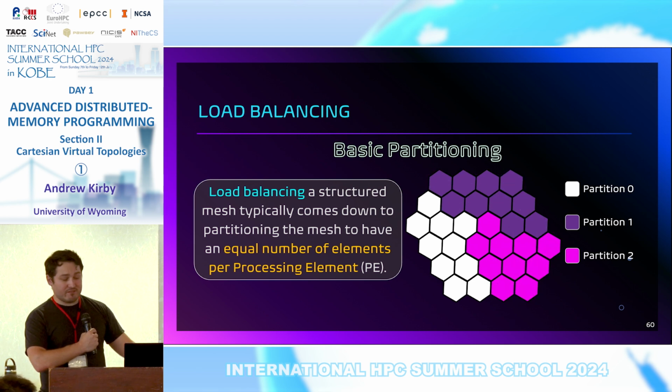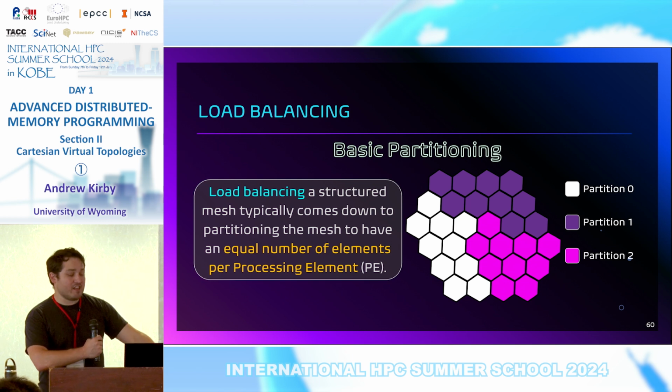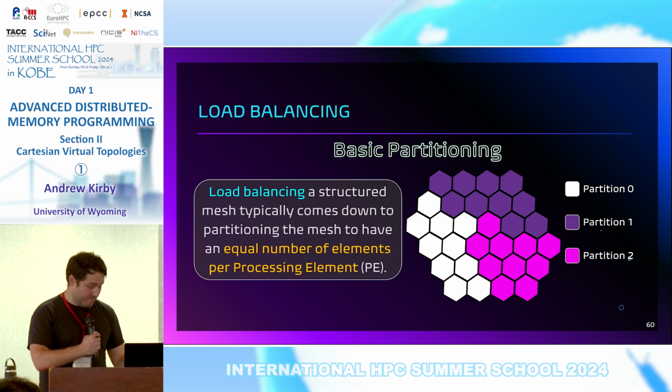If we have 3 MPI ranks, we can again partition this structured mesh. It's a little bit more complicated, but they're essentially contiguous chunks of elements, and they each have the same number of elements. So if the amount of work is the same, then this should be fairly scalable.